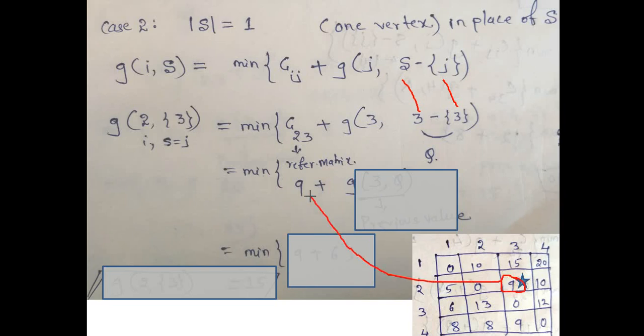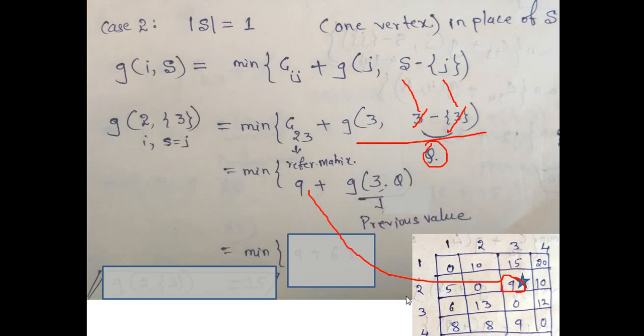Okay, now cost of 2 to 3. Refer to the cost matrix, 2 to 3. What is the answer? 9. This 9 you have to write here. And now come to here, 3 minus 3. How much? Nothing. You can say 0 or nothing. So how will we write this?